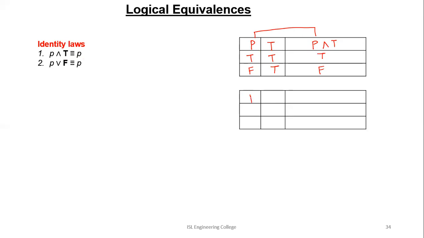Similarly, we can do it for P, F. F means the statement is always false. True, false. And this can be written as P or F. True, false will give us, in the case of or, true, and if both of them are false, it will give us false. So compare these two columns, we have got the same value as P. Now if you try to connect it, you can say that it is similar to the identity laws in maths.